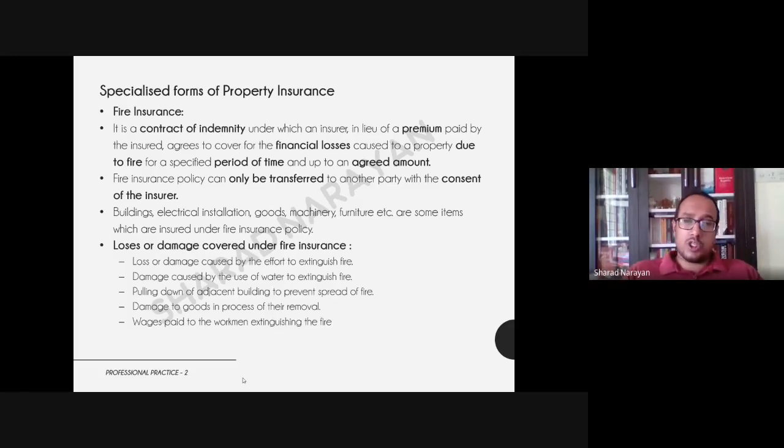Damage to goods in the process of their removal from the building can also be insured. And wages which are paid to the workmen who are involved in extinguishing the fire. These are the five things which are categorically covered as a part of fire insurance.